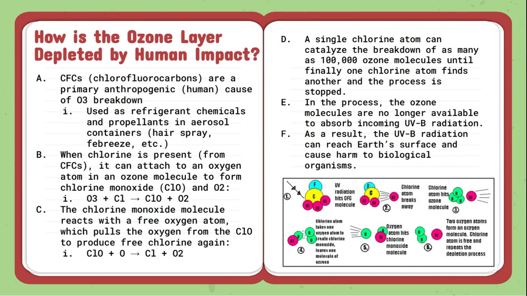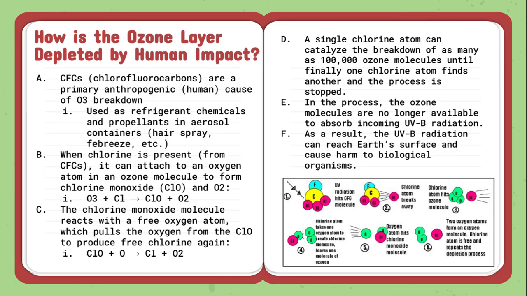So, how is the ozone layer then depleted by human impact? Back when we did our air pollution speed dating, someone within the speed dating should have either been CFCs or HFCs or HCFCs. These are going to be compounds, especially our CFCs, that are going to lead to the thinning of our ozone layer.